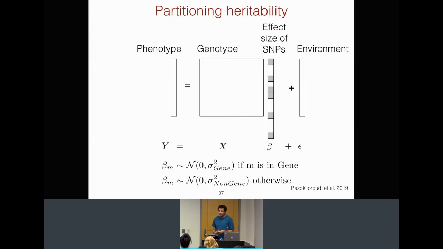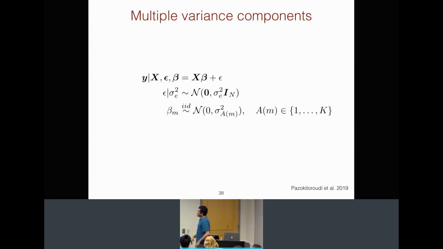So that is a problem of partitioning heritability. So it's a multiple variance component problem. So now instead of just sigma g, sigma e, you have maybe k different sigmas corresponding to which component your SNP lies in. Everything we've said carries over to this setting. Now instead of two linear equations and two unknowns, you have k plus 1 equations with k plus 1 unknowns, and you can solve it efficiently.